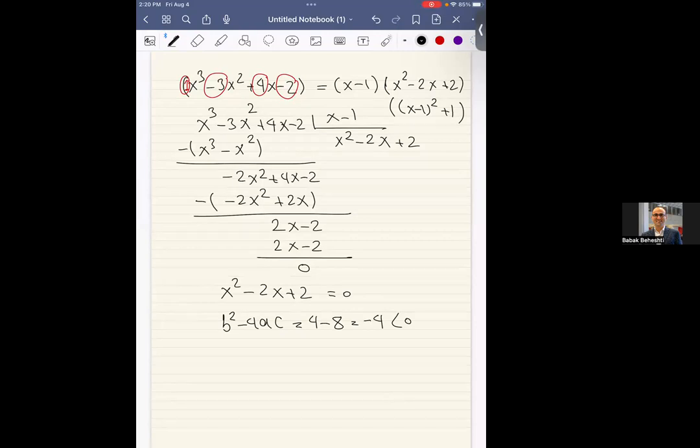Or, as I said, another way is that this is equivalent to x minus 1 squared plus 1. It's obvious from here because you have something squared plus 1, this cannot be 0. This is always positive.